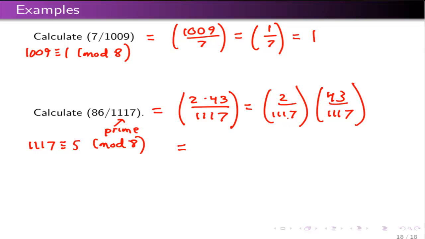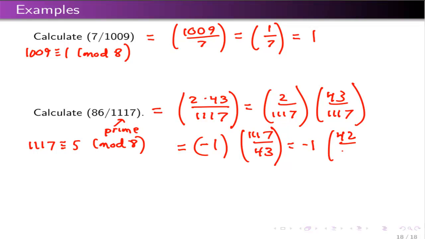Now 1117 is 5 mod 8, and so 2 is not a quadratic residue. This is a negative 1. 43 and 1117 are both primes. And this is congruent to 1 mod 4, so we can flip it without introducing a negative sign. And then I reduce 1117, and it comes out to be 42 mod 43.